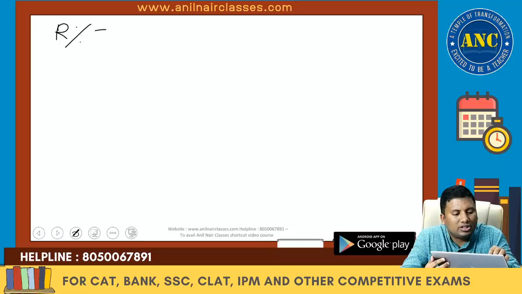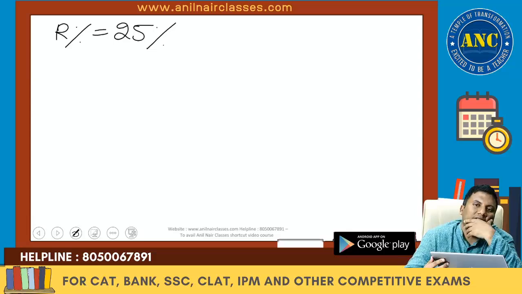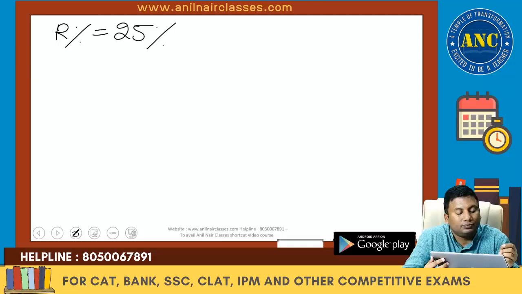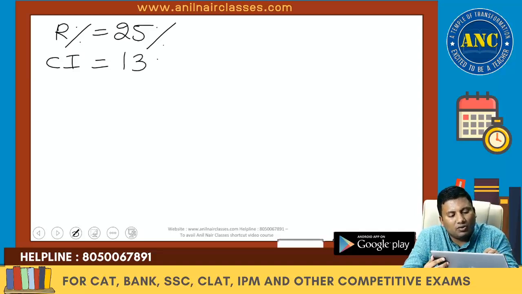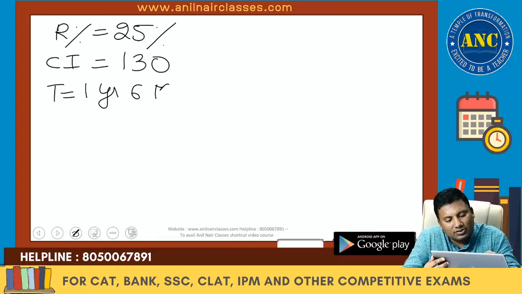R percentage is 25 percentage. Total compound interest is 130 for a time period of 1 year 6 months.